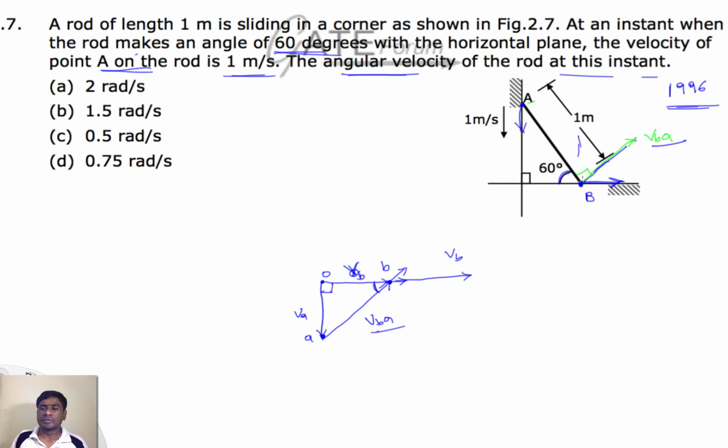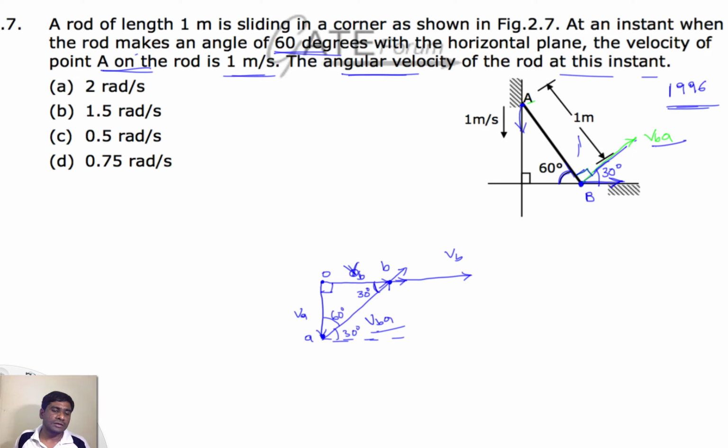This is perpendicular to the link. That means this is 90 degrees and this is 60 degrees, so it is making 30 degrees here. If I draw a line here, it is making 60 degrees here, and this is 30 degrees.